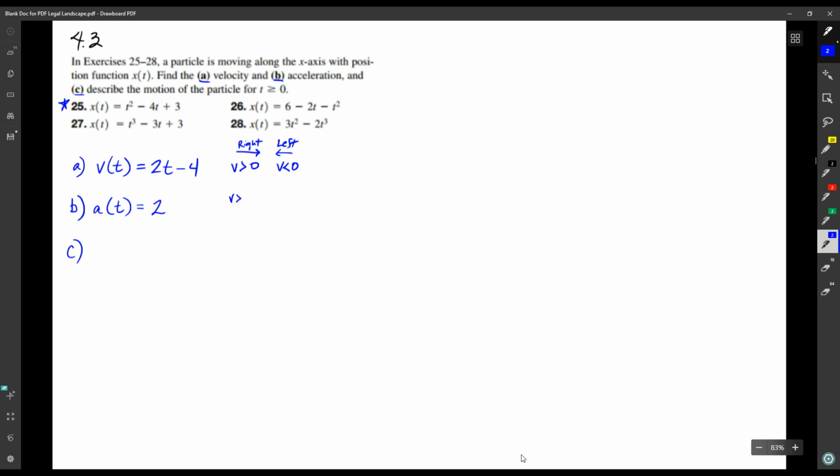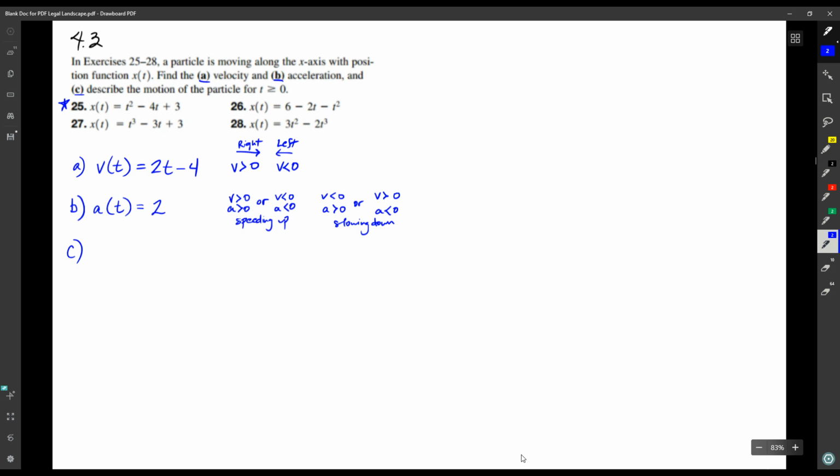If we have v positive and a positive, or if we have v negative and a negative, then our particle is speeding up. So as long as the velocity and acceleration are the same sign, then the particle is speeding up. If velocity and acceleration are different signs, in other words, if velocity is negative and acceleration is positive, or if velocity is positive and acceleration is negative, then our particle is slowing down.